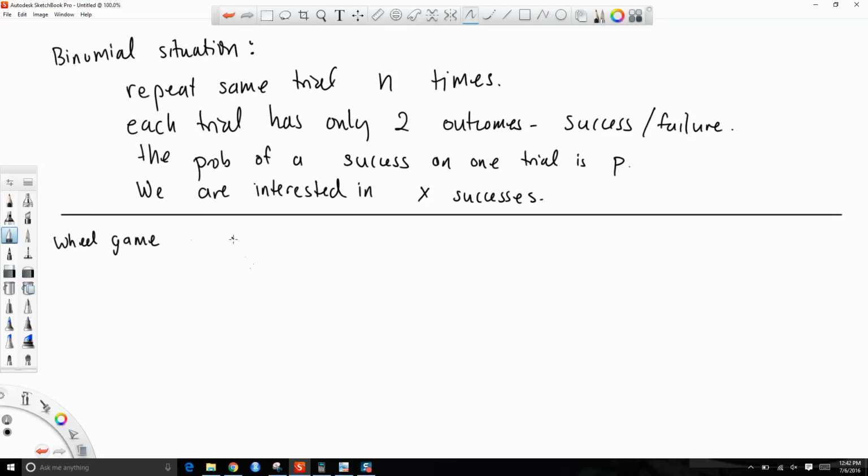And so for our wheel problem, we said spin the wheel 4 times. So that means n is equal to 4. Indeed, we only have 2 outcomes, green or not green, or green or red.